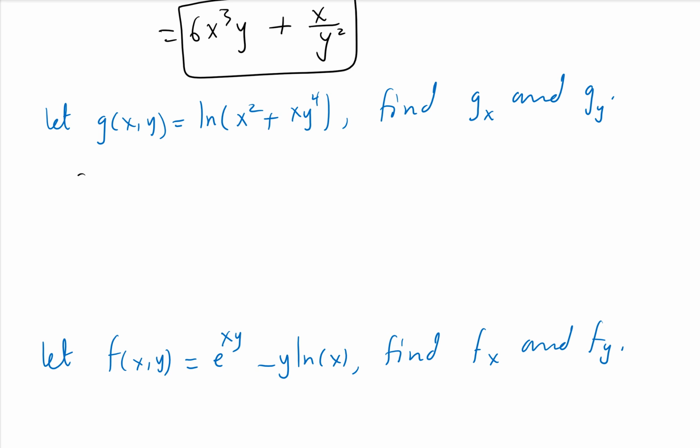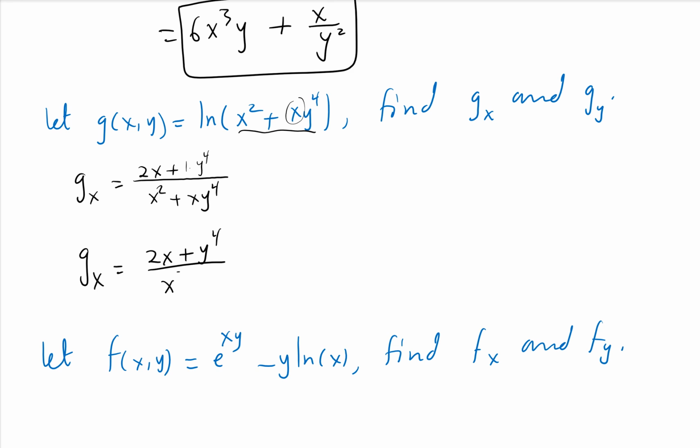So how do I find g_x? It is the derivative of this with respect to x. Natural log of u, if you go back to the formulas we recalled at the beginning of the lesson, it says you find the derivative of this, which is 2x plus derivative of x is 1, y to the fourth, over itself. So g_x is simply 2x plus y to the fourth over x squared plus xy to the fourth.